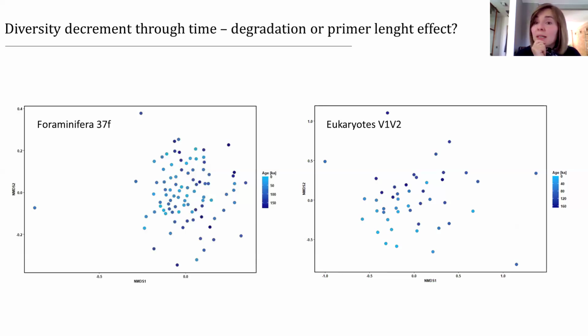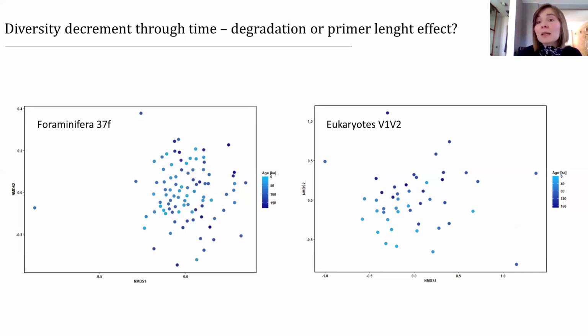Another problem is the diversity decrement through time. It can be degradation, because it's also a very characteristic feature of ancient DNA that the older the DNA, the more degraded it is. So it's more complicated to obtain the sequences, and it's more likely that the sequences will not be of good quality, and only part of the diversity will be presented in the record.